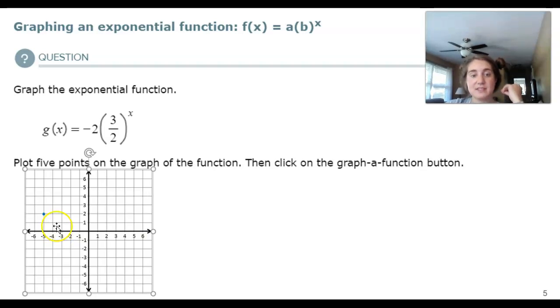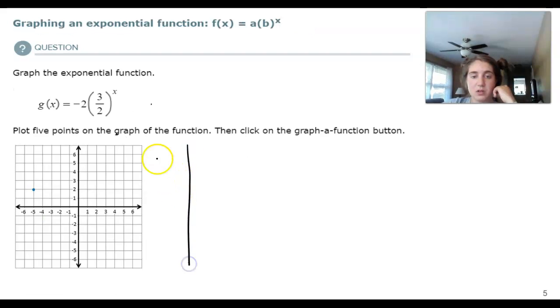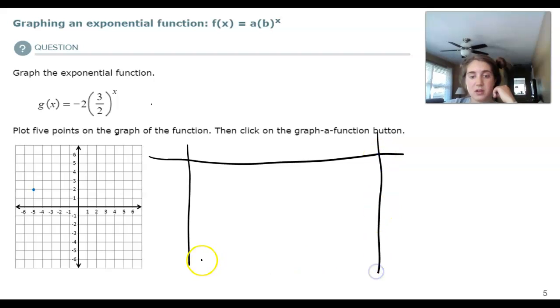This also asks us to plot using 5 points. I'll pick x points, and then the work.